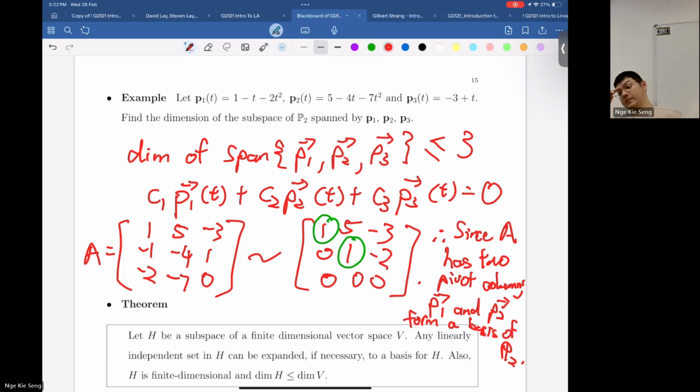Okay. So this is very similar to what we did just now for the Rn case, right? For R3. I give you 3 vectors and then I ask you to row reduce it and then check what are the pivot columns, right? Very similar.